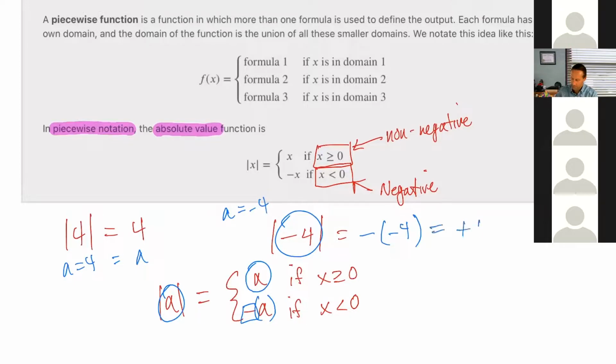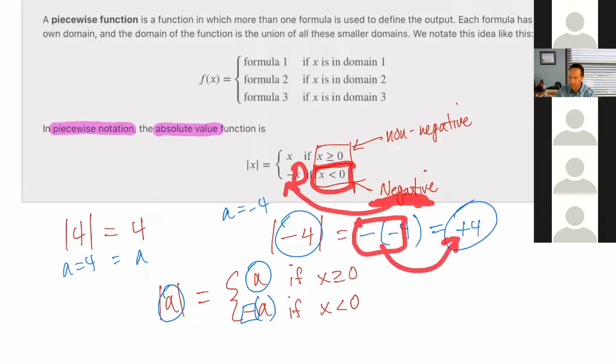Makes it positive. So that's where this definition gets really confusing, because people are like, whoa, I know the definition of an absolute value. I always get out positives. And this is saying I'm going to get a negative out. No, no, no. It's saying if you put a negative in, you're going to get the opposite of that negative, which, as somebody mentioned, is going to yield a positive value.